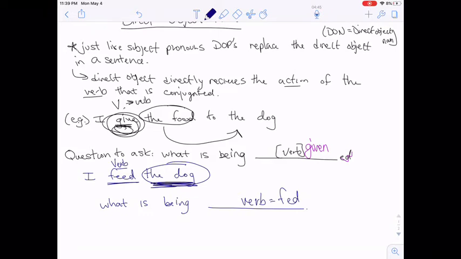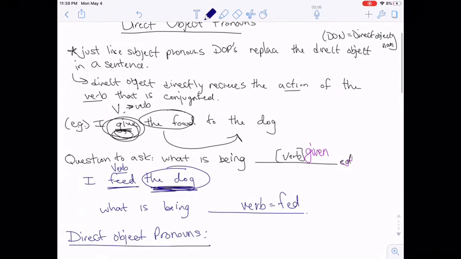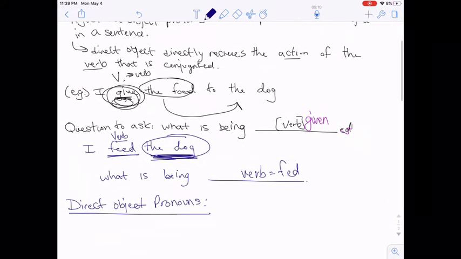So we can write that down. Let's say, I feed the dog. What's the direct object here? If you said the dog and you listened earlier, then you're correct. The dog is the direct object because you have to look at the verb. To feed is the verb. That's the action word in the sentence.